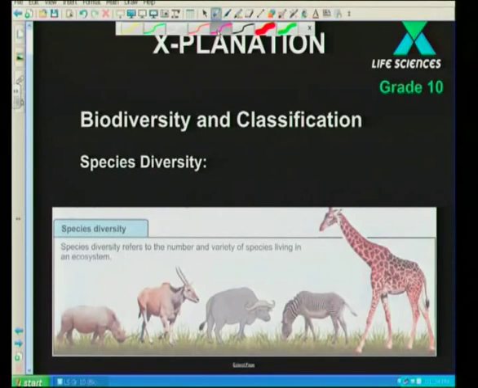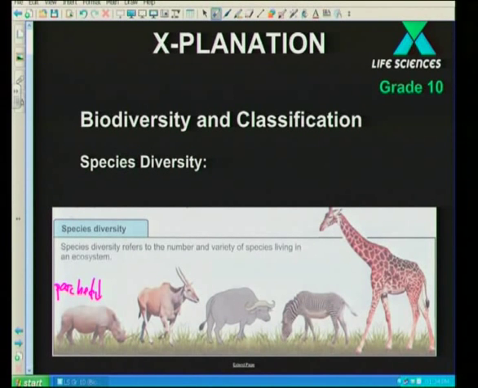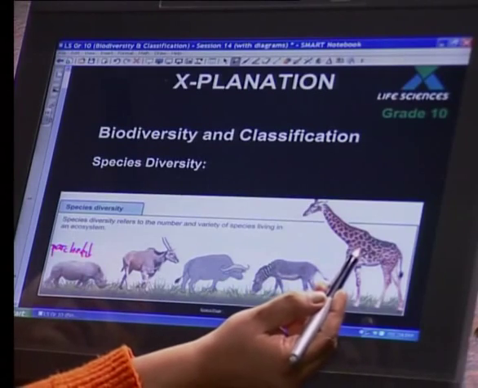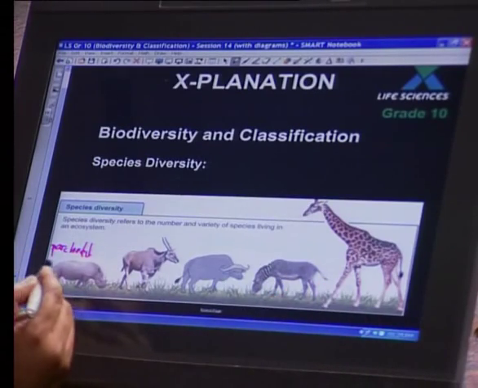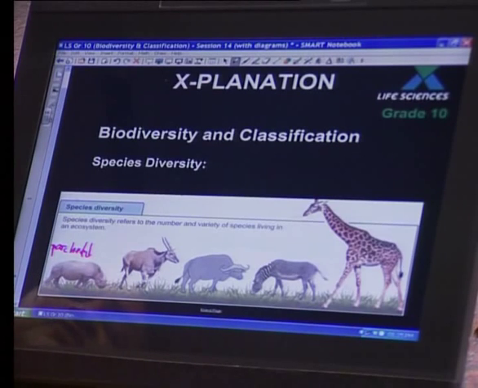We now look at the rhino population, which is part of your herbivores, and you know that the rhino is the population that is poached, and therefore the number of rhino population is decreasing as a result of poaching. And then we have our springbuck population, our buffalo population, the zebra population, and the giraffe population. And you can see the differences in the species of herbivores.